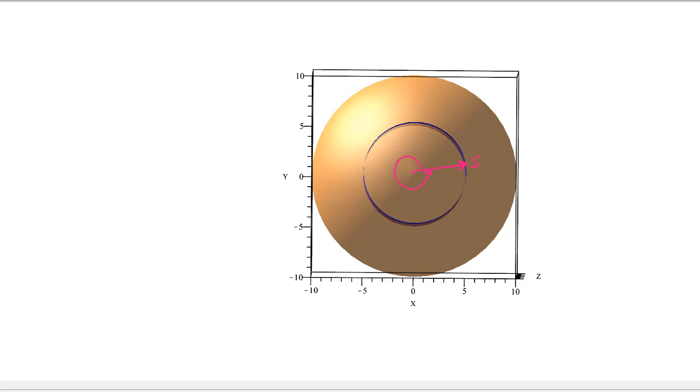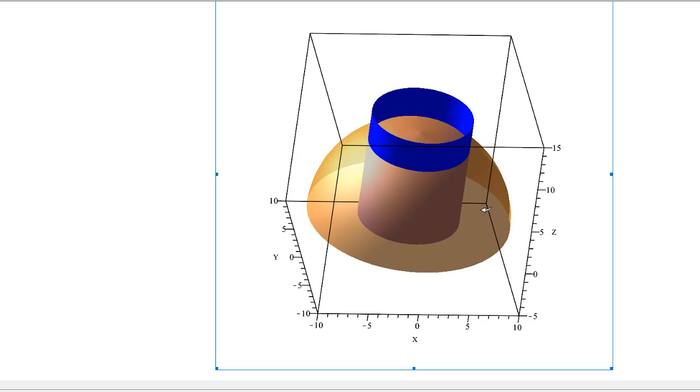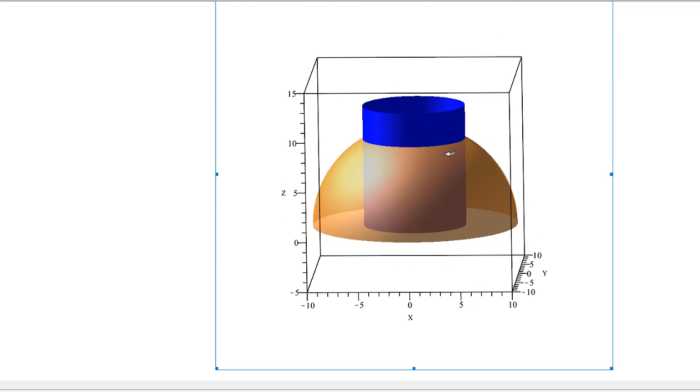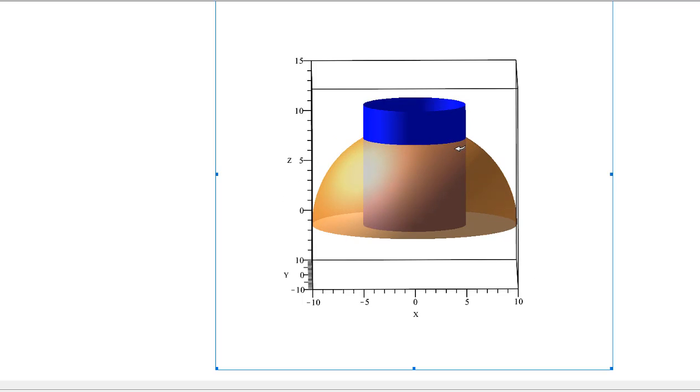Now the value of z in cylindrical coordinates is the same as the value of z in rectangular coordinates. So again, we will begin our triple integral with a dz, since that is going to contain the other variables.